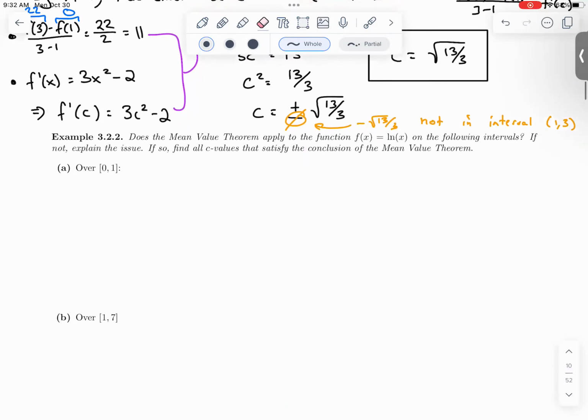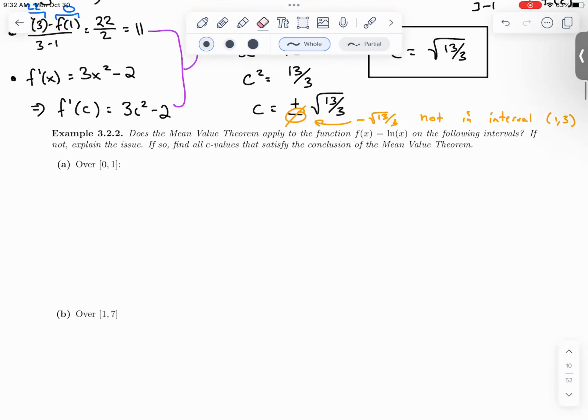Anyways, does the mean value theorem apply to f of x equals natural log of x on the following intervals? If not, explain the issue. If so, find all the c values. So over 0, 1, is that function continuous on the bracket 0, 1? That's the first condition, right?